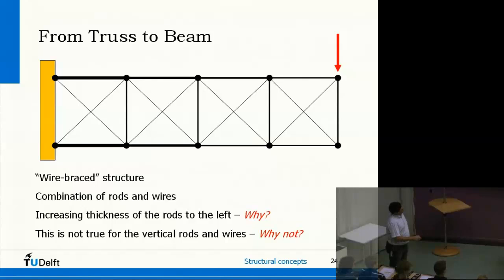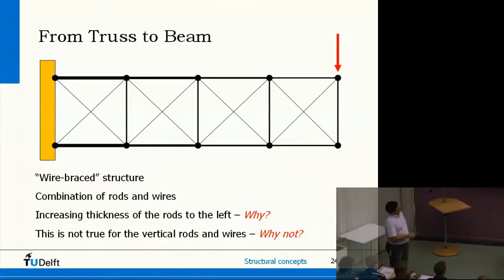So the load has to travel from right to left. What you see here is that we do it in this case with some wires. You can also do it of course with these bars.